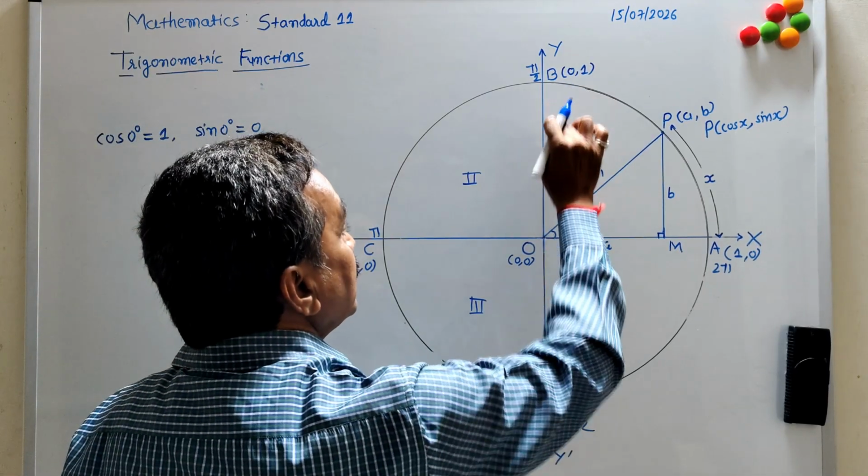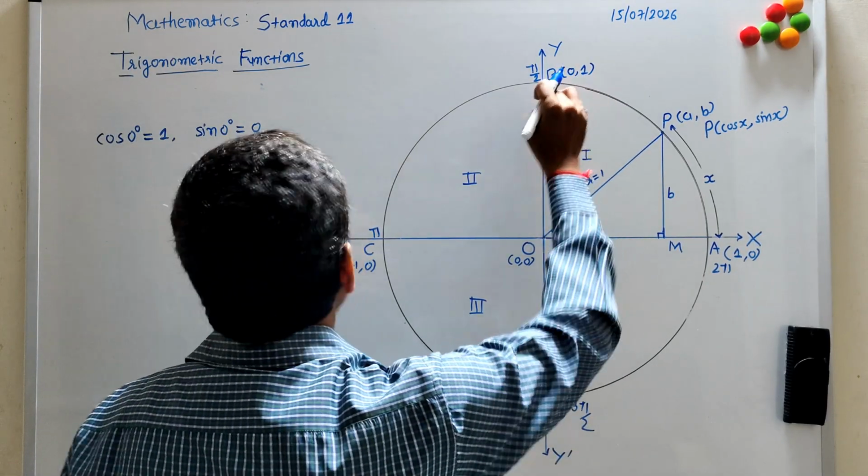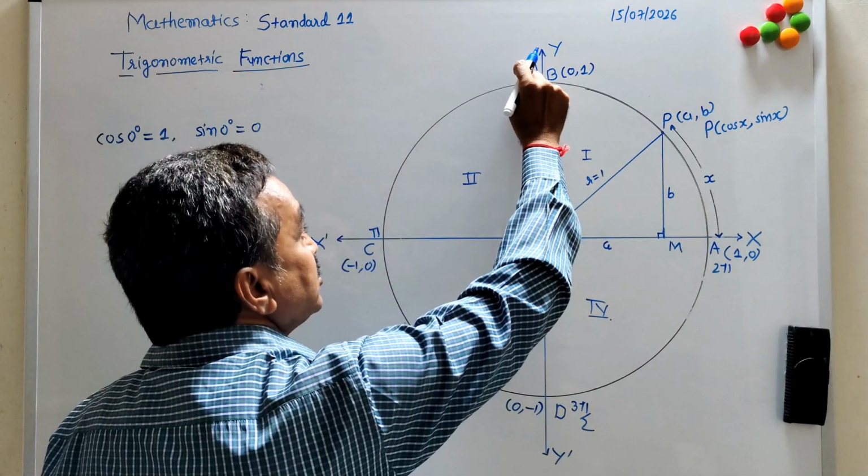Now we came here, so this angle is pi by 2.